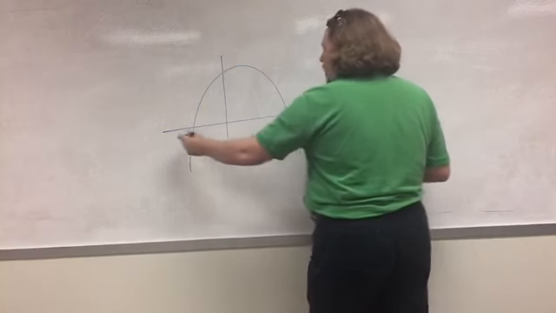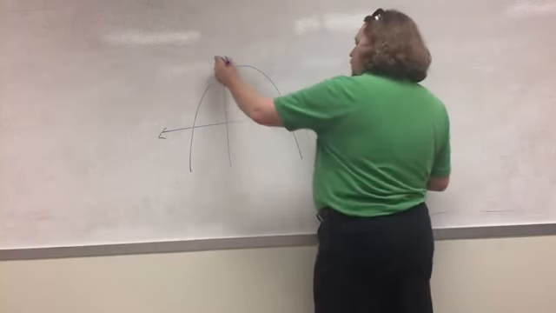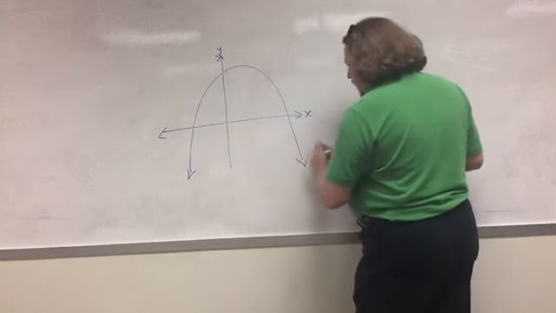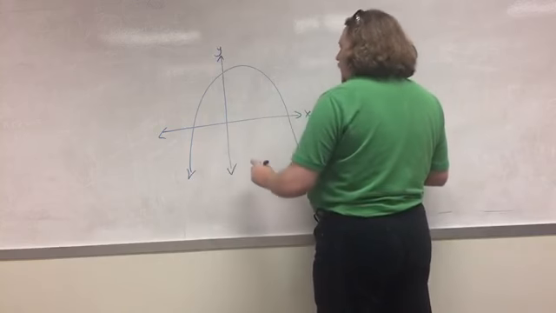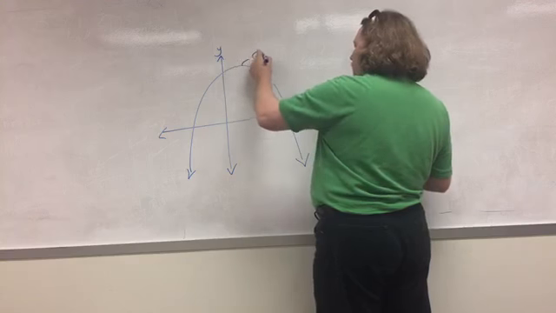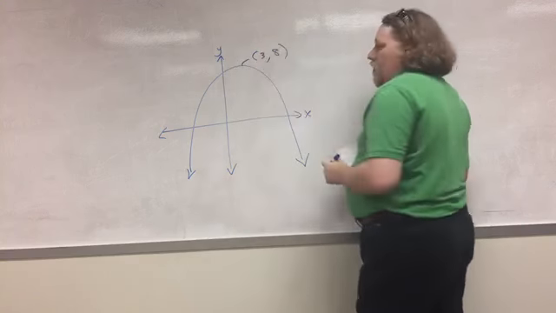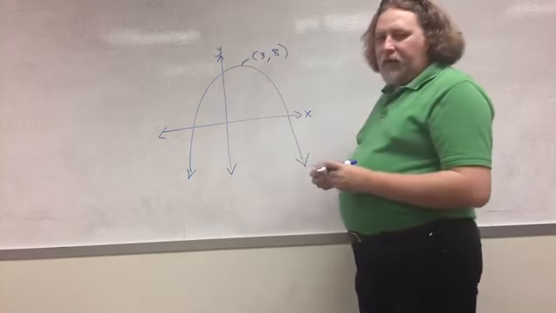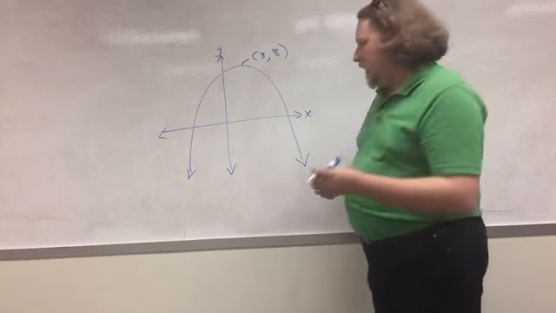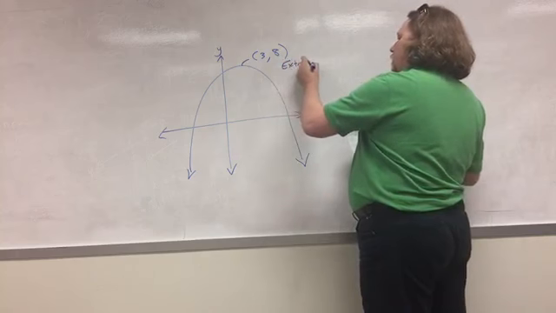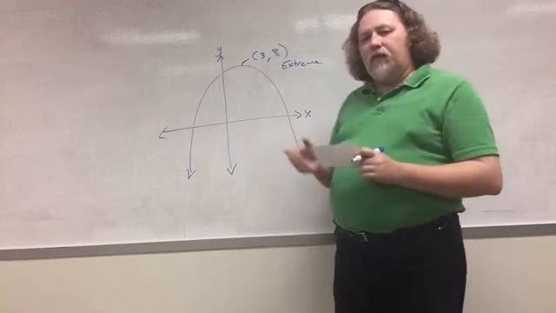And so here's a parabola, x-axis, y-axis, heading down forever, heading down forever. And let's suppose that the vertex right here is at the point 3, 8. Okay? Well, that point 3, 8 right there is called an extreme. And there are two kinds of extremes.